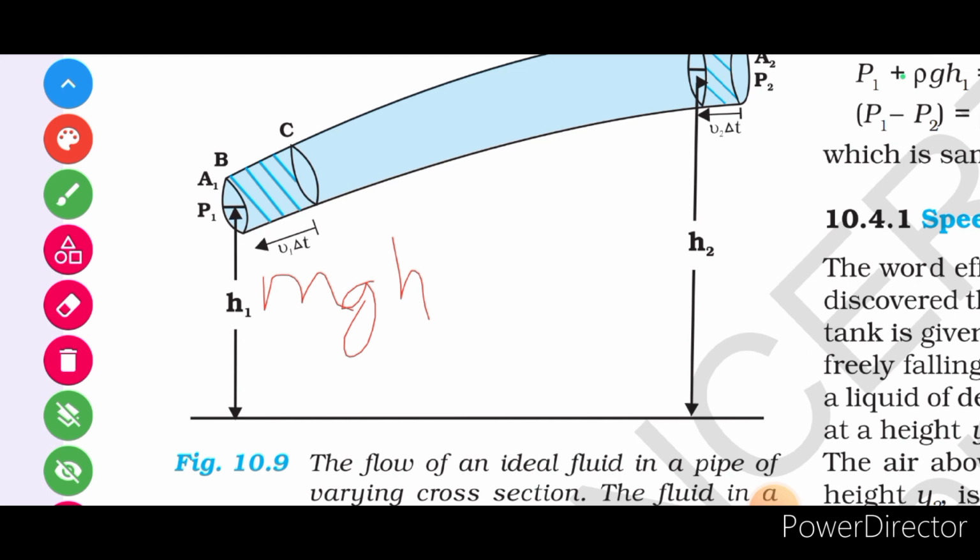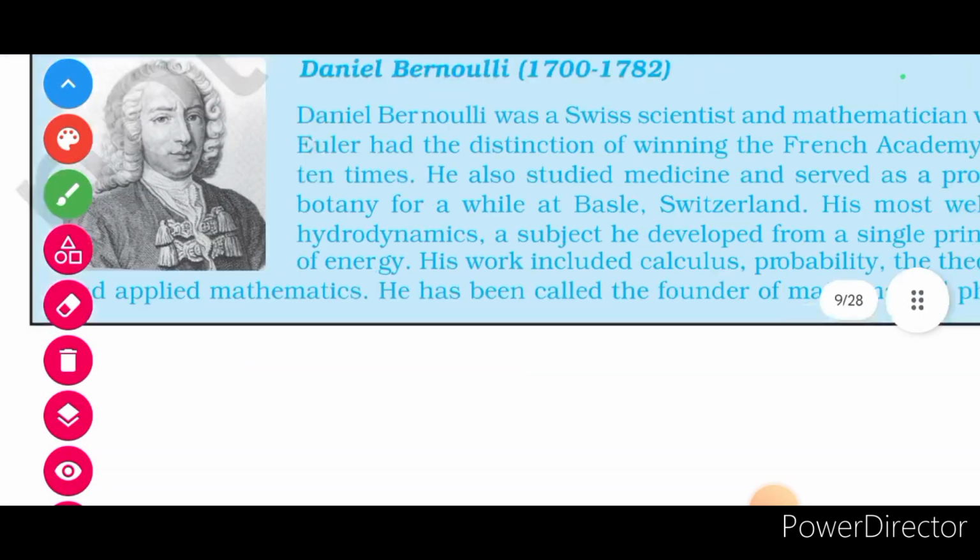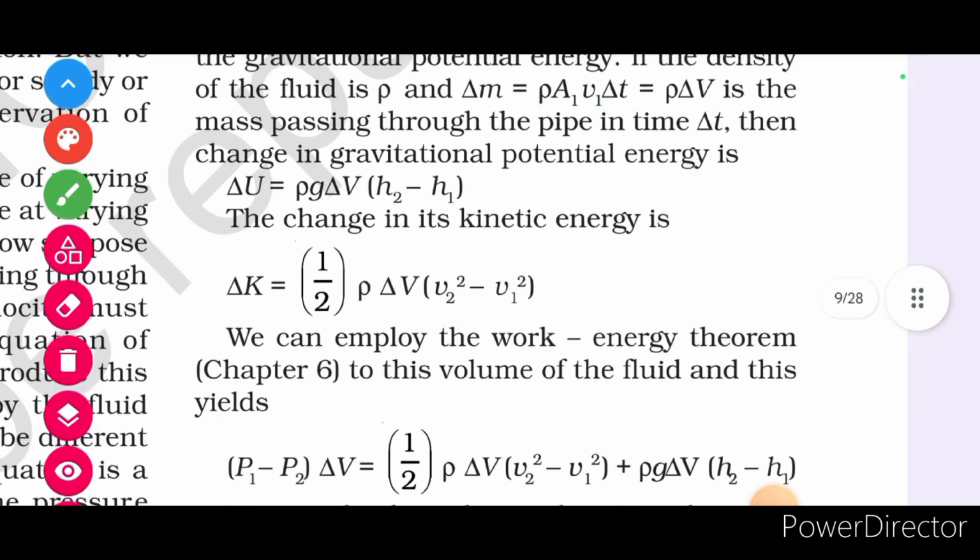So mass we have written as rho delta V, so rho delta V g h1 here, and rho delta V g h2 here. This height is more, so the potential will be more here, and we can find the difference. So we have just taken the difference here.